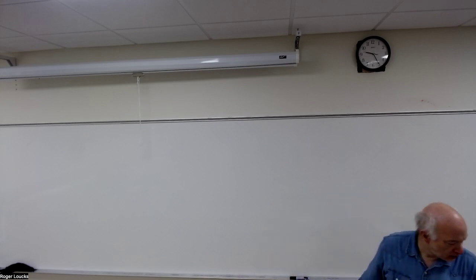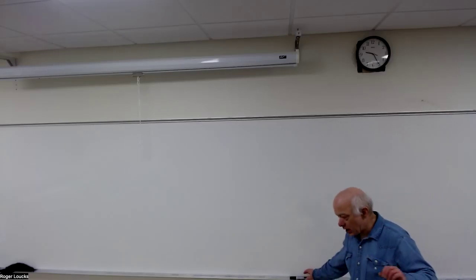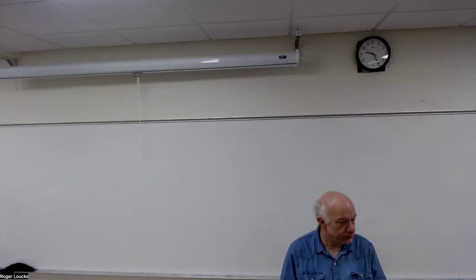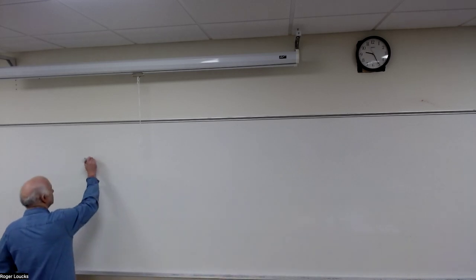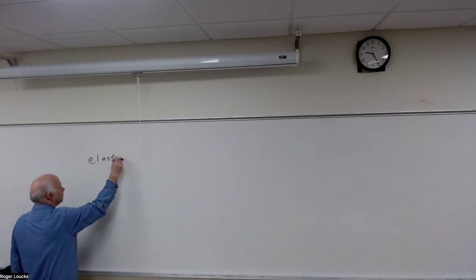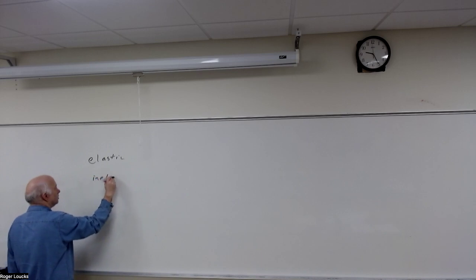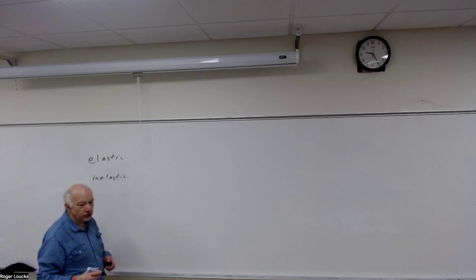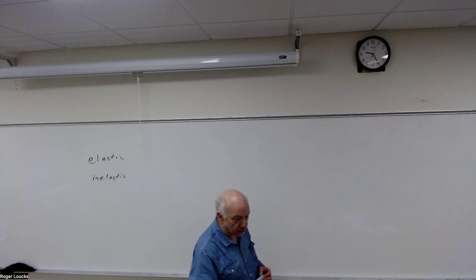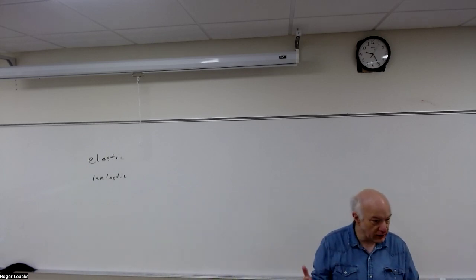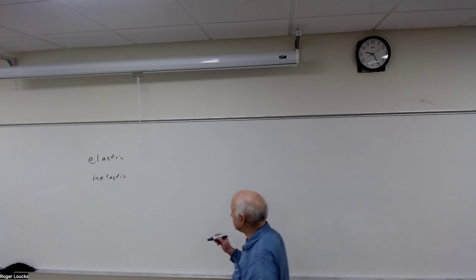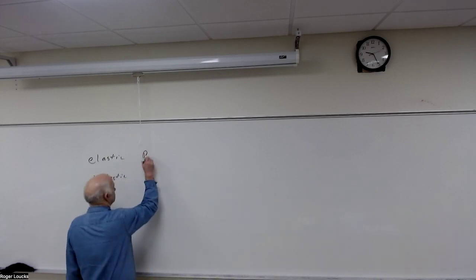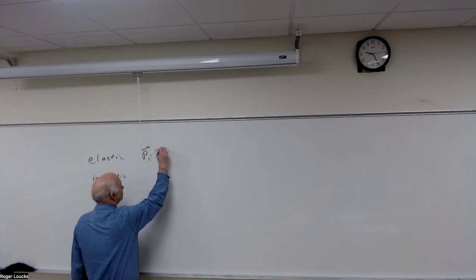Okay, so what are the two types of collisions we have? Elastic and inelastic. What is conserved for both of these collisions? Linear momentum. So when you see something like this, linear momentum is conserved for both: P initial equals P final.